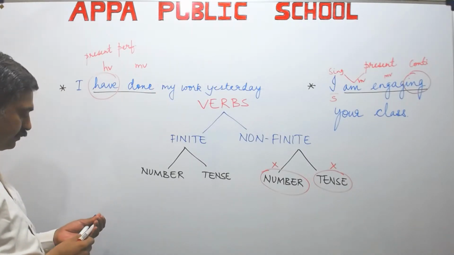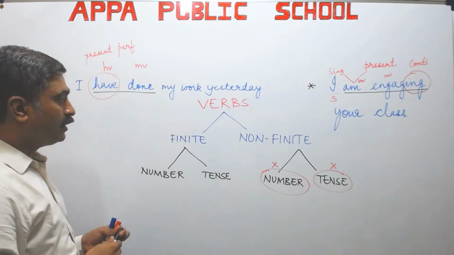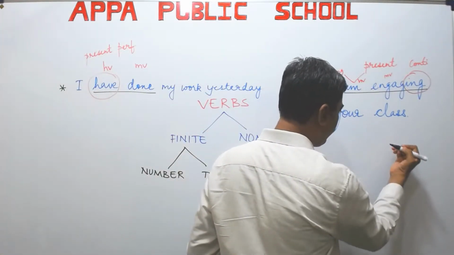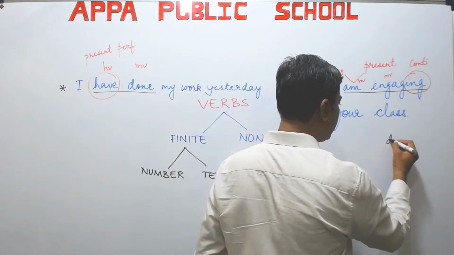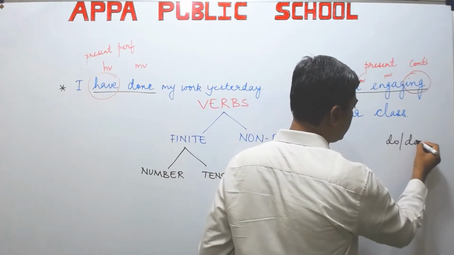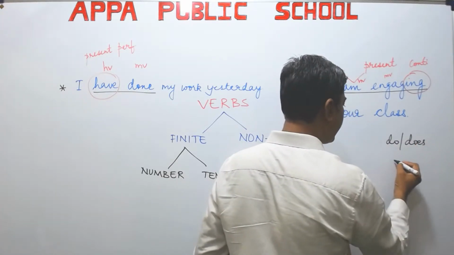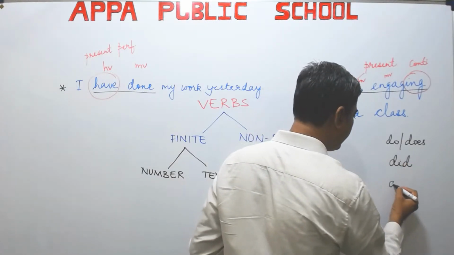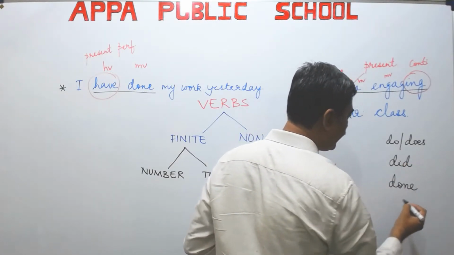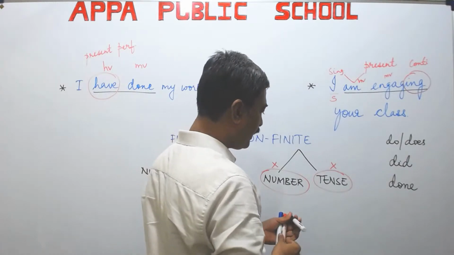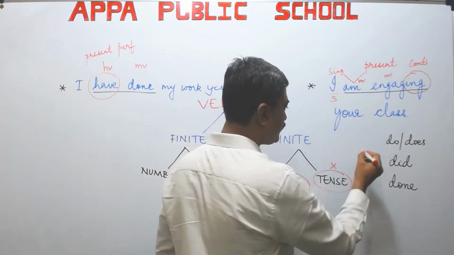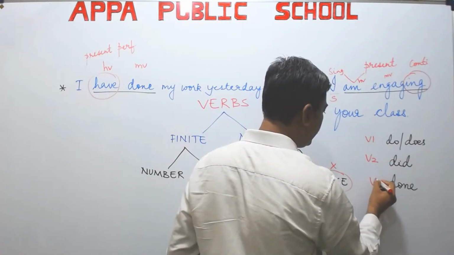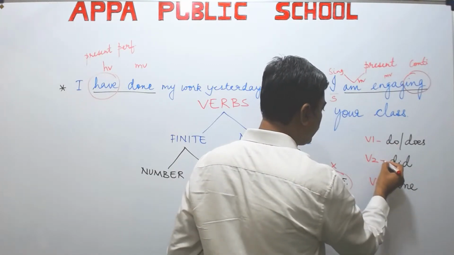For example, what is it? Three forms of the verb. The first one, let's take do. Okay. The second form of the verb would be did, and the third form of the verb would be done. Right. So in grammar, we represent these verbs as V1, V2, and V3.